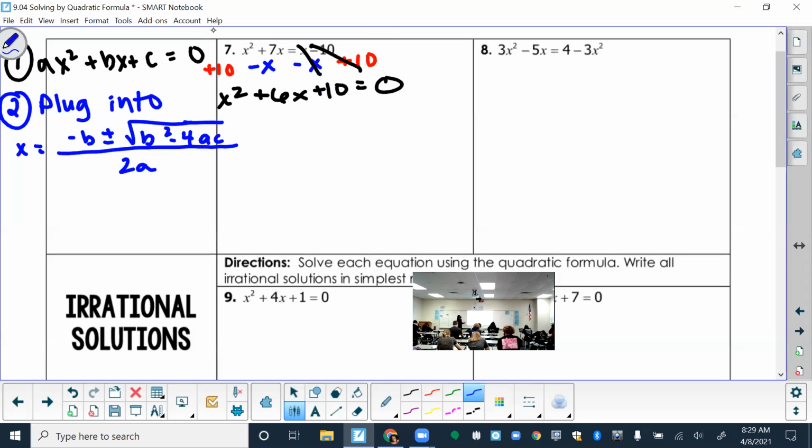What's my A value for number 7? My B value? 6. And my C value? Good, they're all positive this time. Now just plug them in, practice doing it yourself. I'll do it on the board while you do that. Anytime you plug something in, put it in parentheses. It'll save you a lot of trouble later. You can avoid making some mistakes that way.